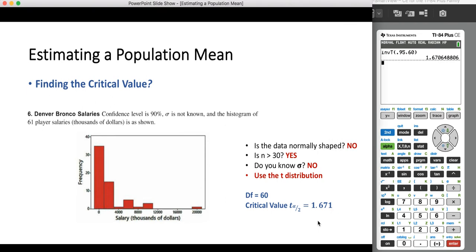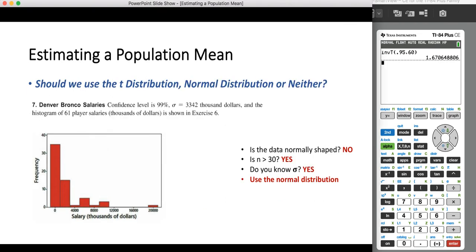Okay, next question. Here we have Denver Bronco salaries. We're looking for a confidence level of 99%. Here, the population standard deviation is known. It's $3,342,000.